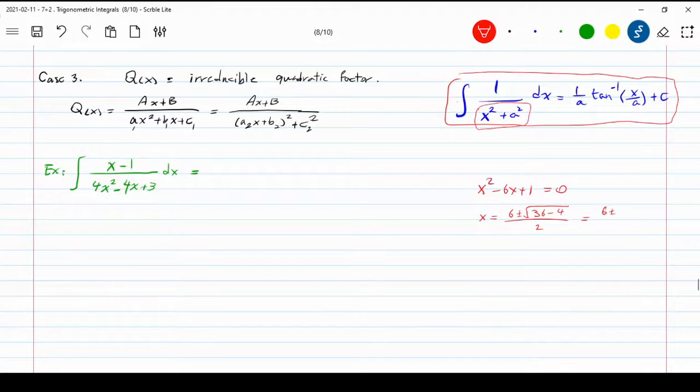One is 6 plus or minus the square root of 32, divided by 2. That means you can factor this denominator as x minus (3 plus or minus the square root of 32, which is 8 times 4, so this is root 8). So I can write this as (x minus 3 plus root 8)(x minus 3 minus root 8).